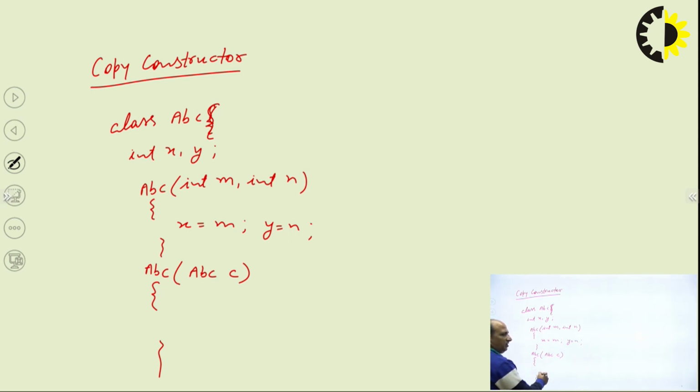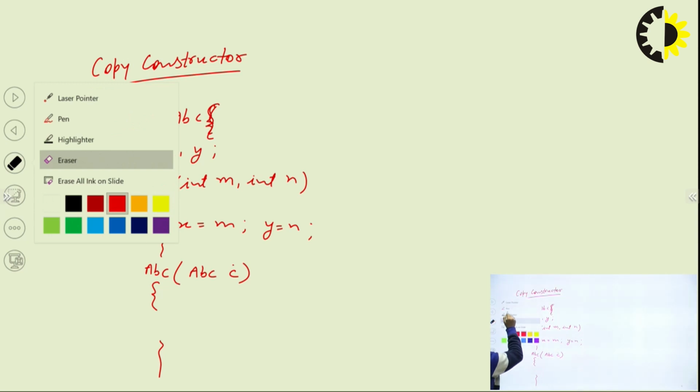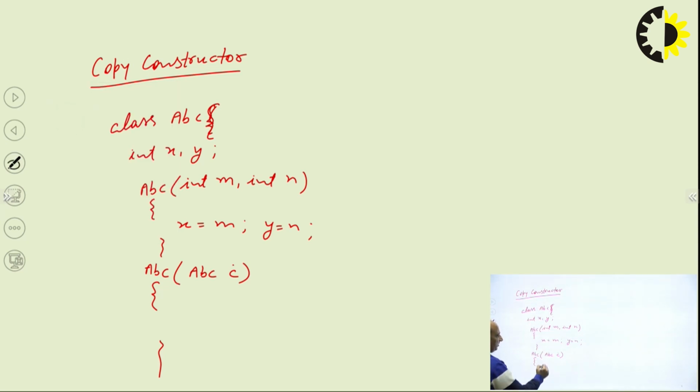Now what will it do? The value c dot x will be assigned, this x will be assigned as c dot x. This x variable of this class will be assigned c dot x, and this y value will be assigned c dot y.